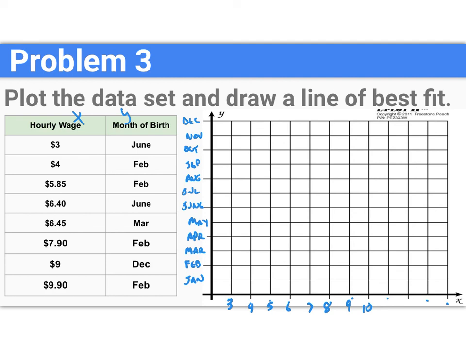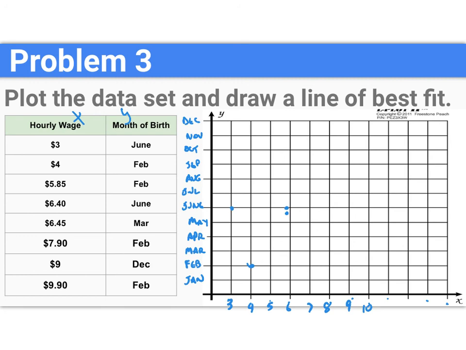Okay. So a June person made $3. $3 was for June. $4 in February. $5.85 for June. $5.85 is real close to $6, so we'll call it June.